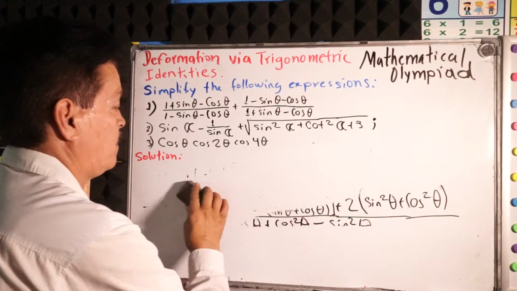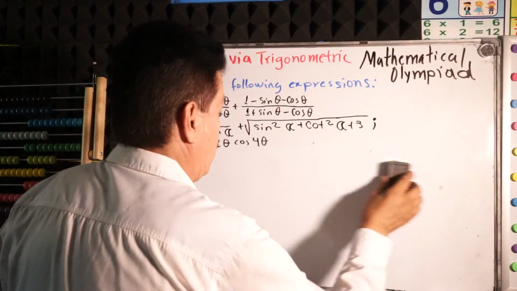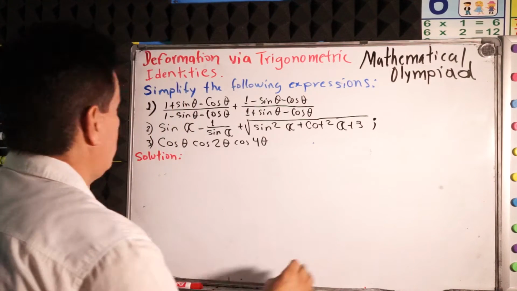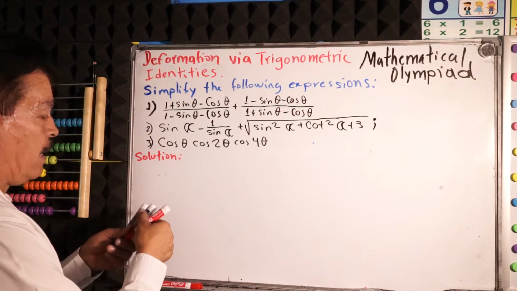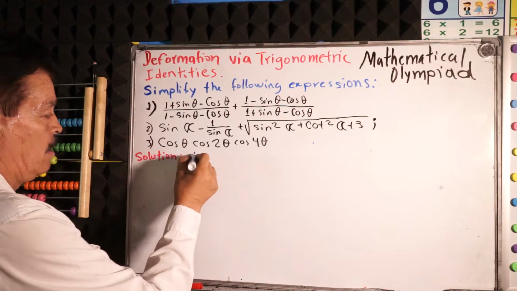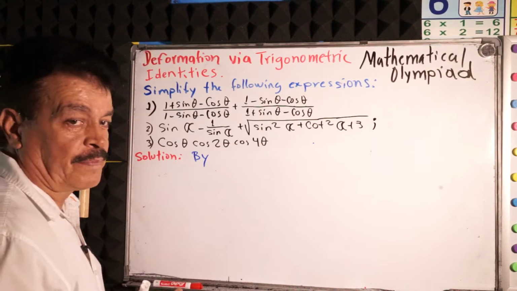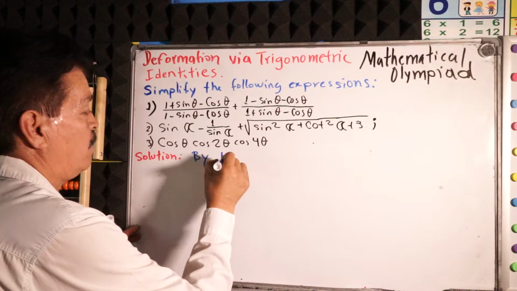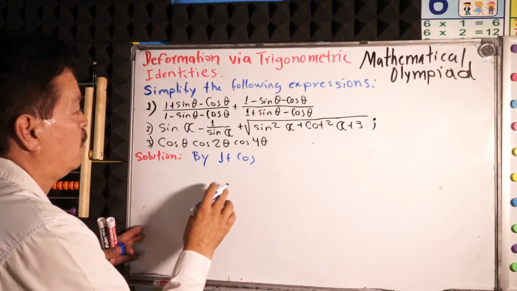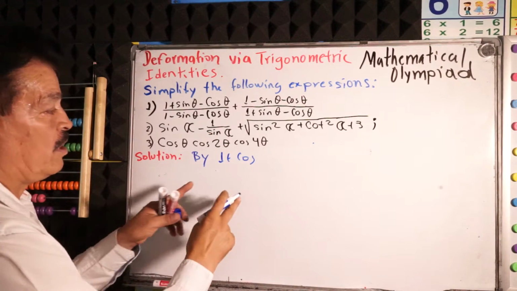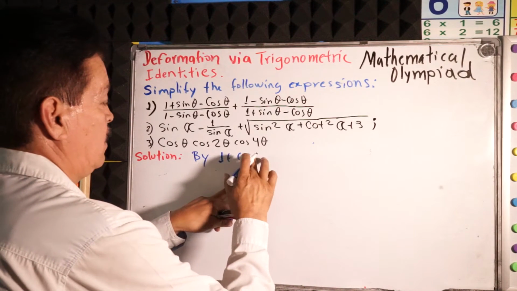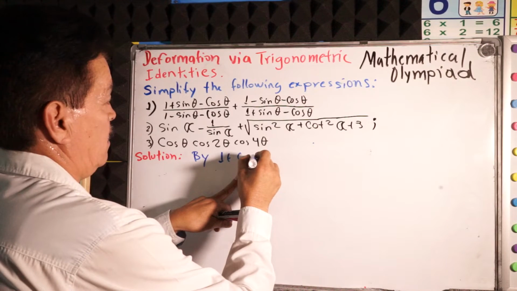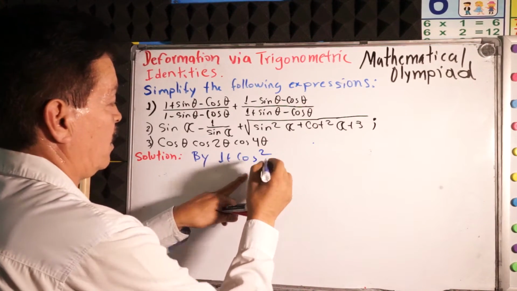second one. Let's talk about problem number 2. The number 2 problem, let's write 1 plus cos, and in problem number 2, cosine to the second power.